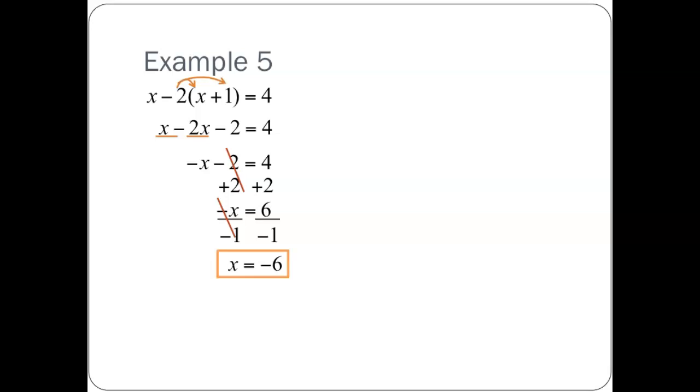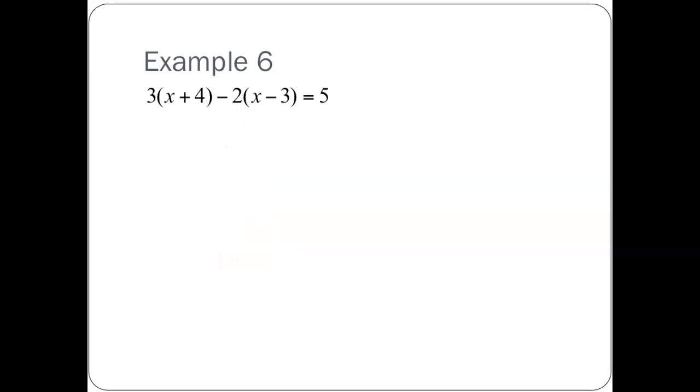All right, example 6. We have 3 times x plus 4 minus 2 times x minus 3 equals 5. All right, let's start by distributing. So distribute that 3, distribute that negative 2. So we have 3x plus 12 minus 2x plus 6 equals 5.